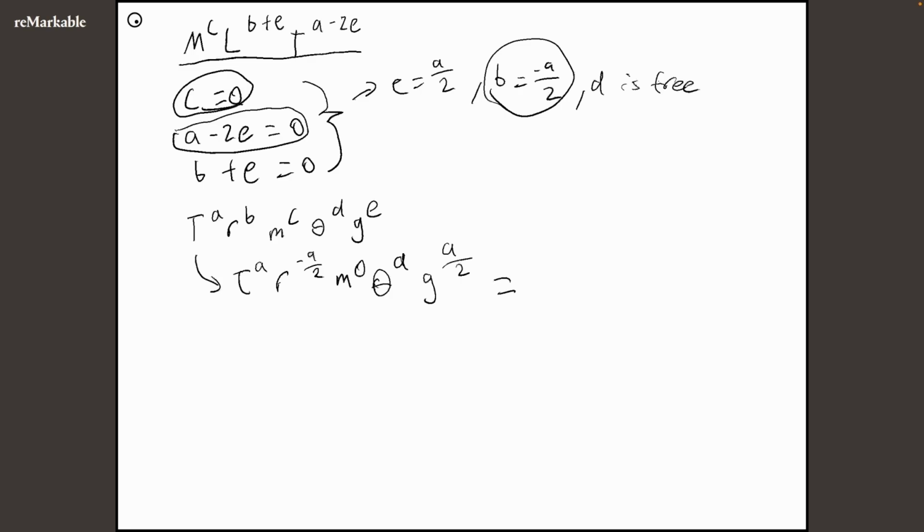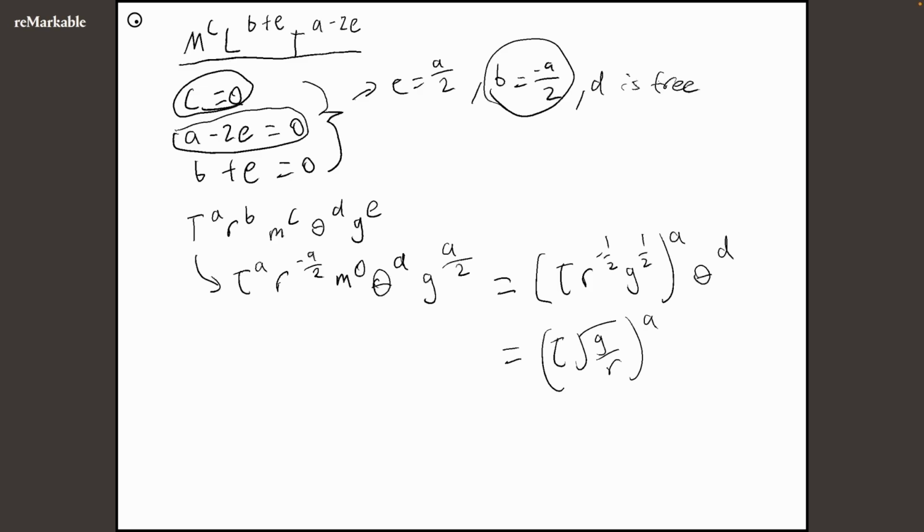Now this can be simplified to tau, r to the negative half, g to the half, all to the A, theta^D, which can finally be simplified to this, tau times root of g on r, to the A, theta^D.